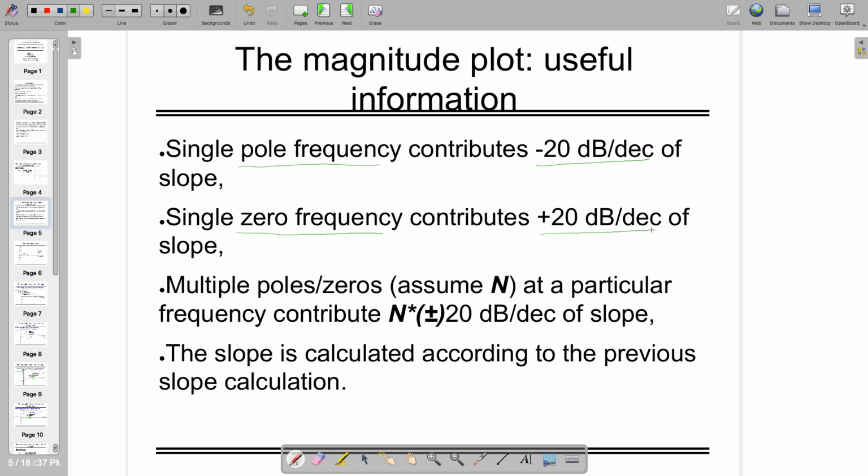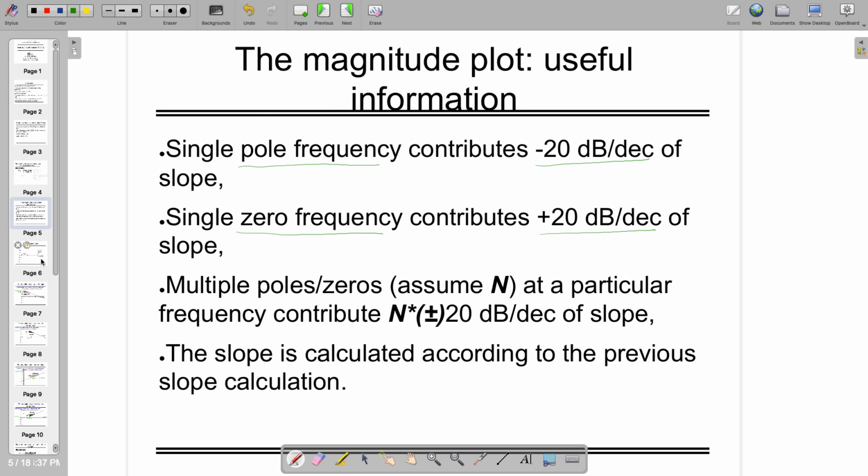So if there are multiple zeros or poles, accordingly you have to change the slope of the system, right? Or the slope of the system contribution. And the slope of the particular frequency is calculated with respect to previous accumulated frequencies also. So then you can have such kind of things.